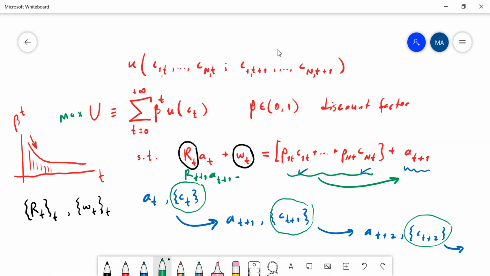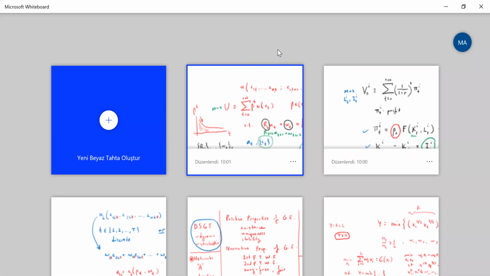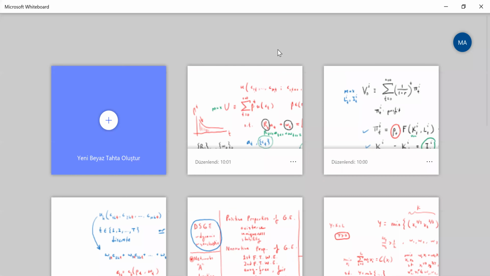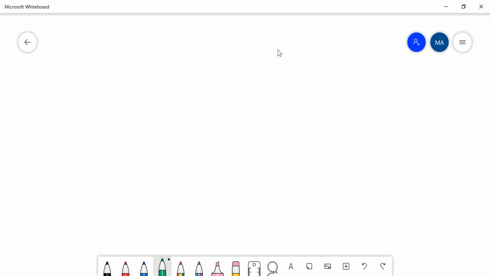A_{t+1} plus W_{t+1}, A_{t+2}. So with such dynamic trade-offs, you should be careful. Now, the dynamic part is done, roughly. Now let's talk about the stochastic part.